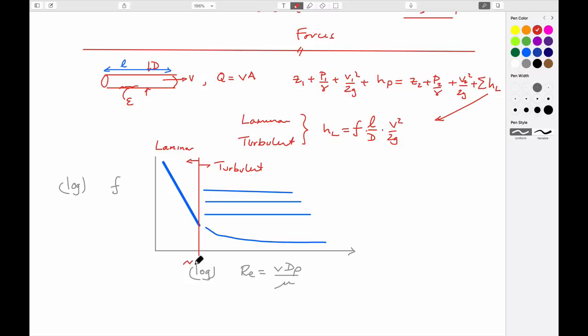This is about 2000 in terms of Reynolds number. This relationship here for a pipe is that the friction factor is equal to 64 over the Reynolds number, with the Reynolds number defined as here. And these magnitudes here are for different magnitudes of relative roughness, and this is the locus for a smooth pipe.